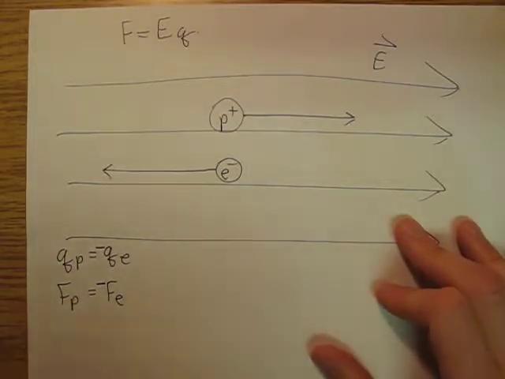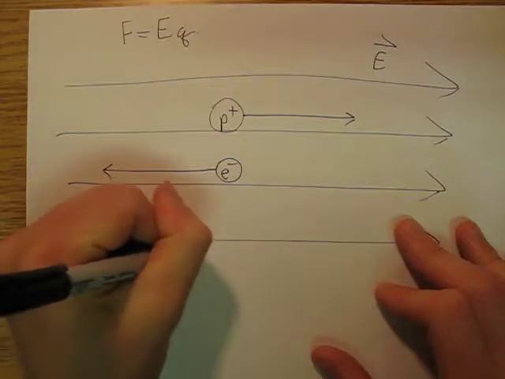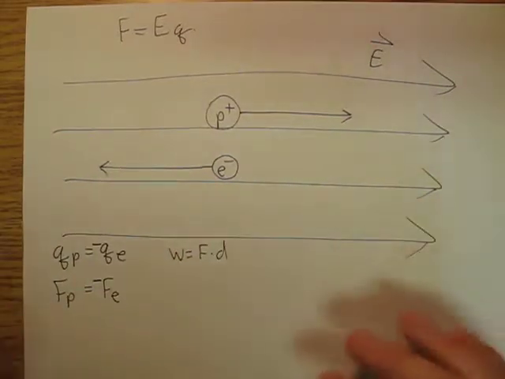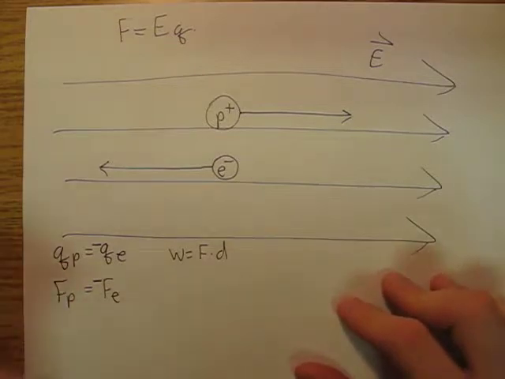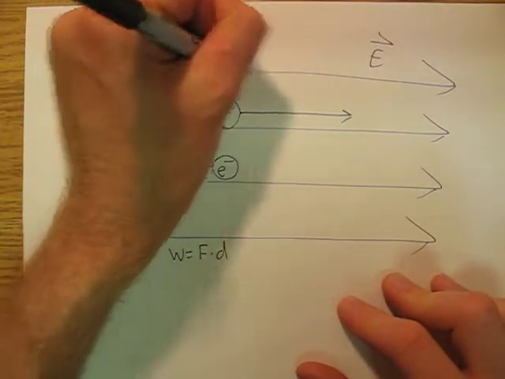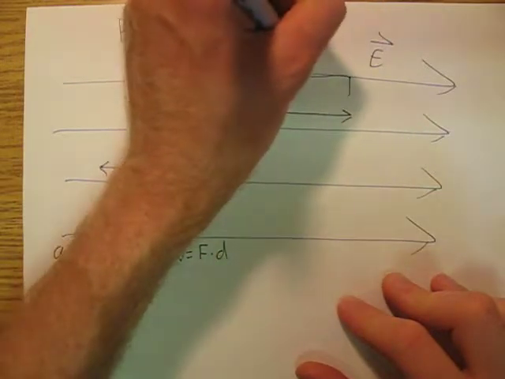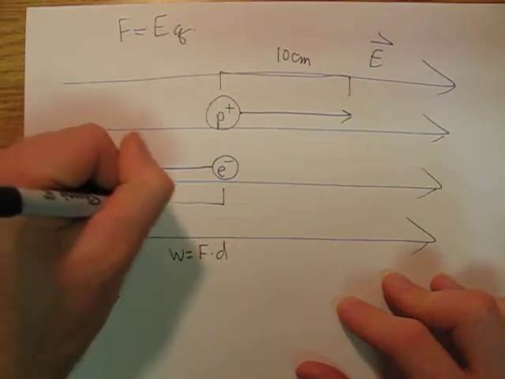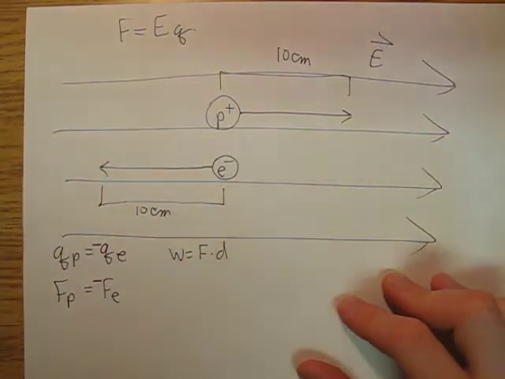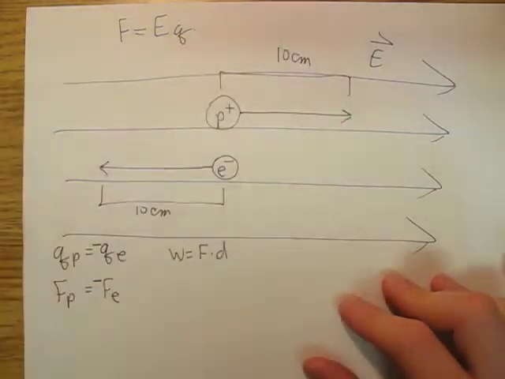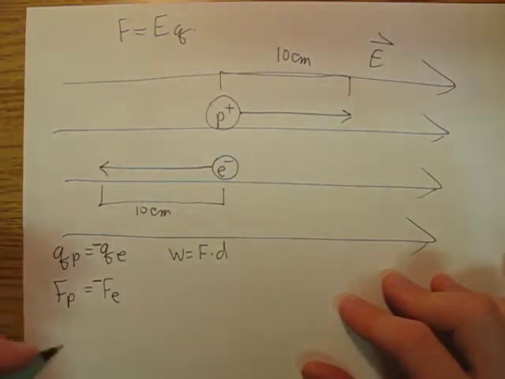Now I've got this equation, work equals force times distance. And so I'm going to set up, say this is 10 centimeters, and say this is 10 centimeters. And what do I know about them after they've traveled 10 centimeters?